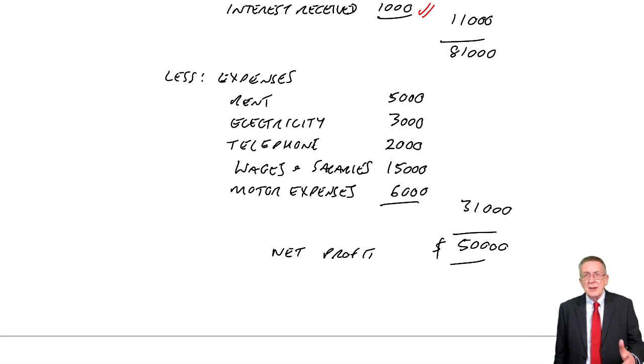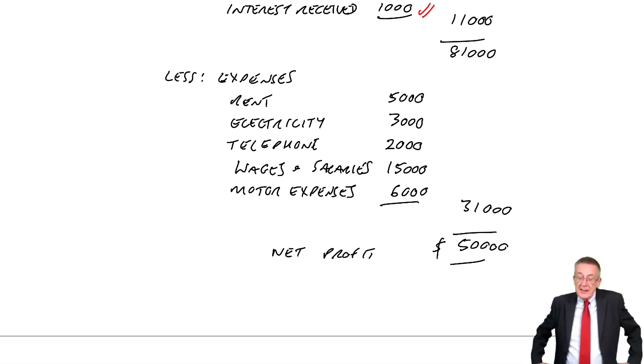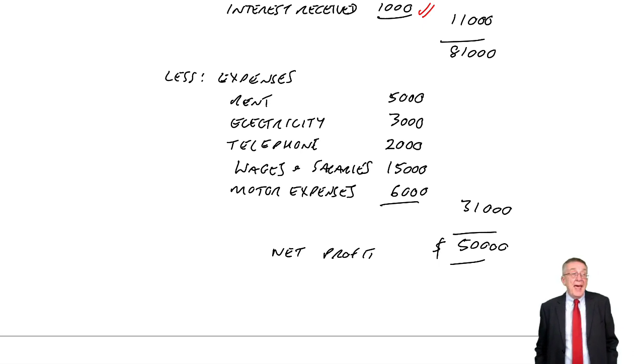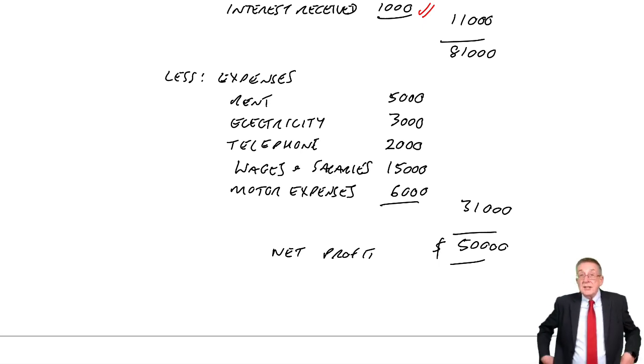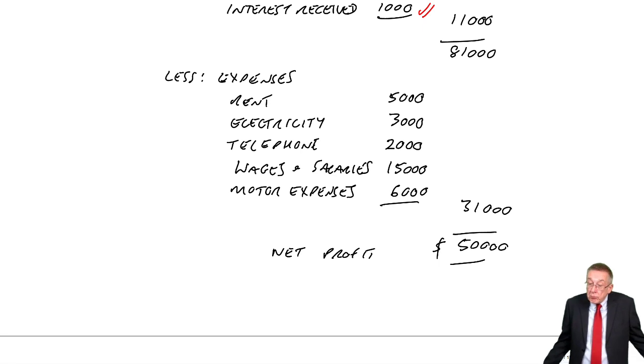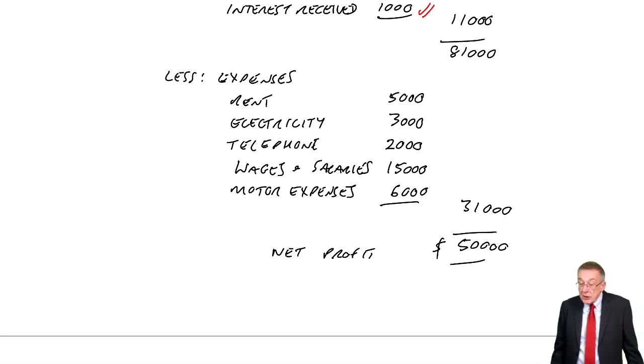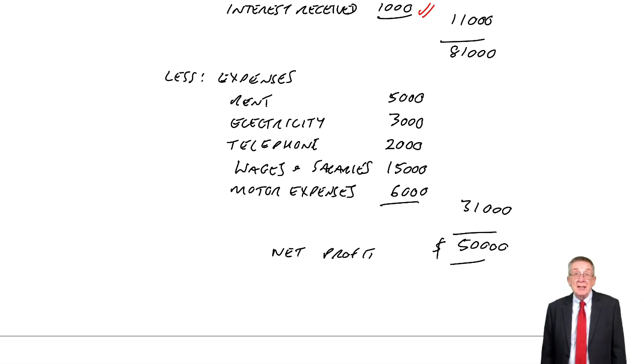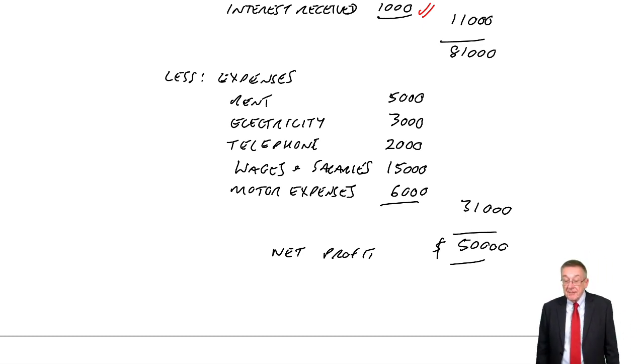It cost us money to run the business, but of course, there are all sorts of expenses. What you've got there are only examples. There'll be any number of expenses. Rent, maybe we're renting our building. Electricity, obviously, we're going to be using electricity to light the building, perhaps run the machines.